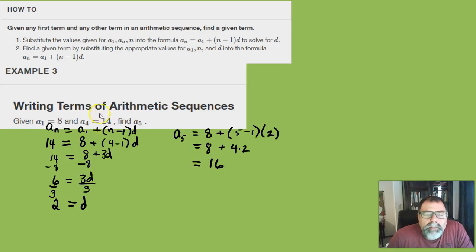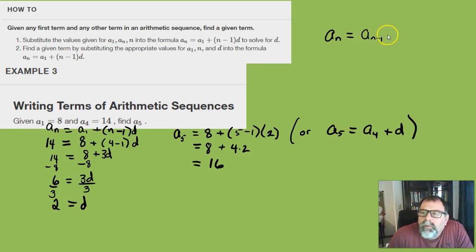Right? Remember I said we could have said, or A5 recursively is A4 plus the common difference. They didn't give us that formula, but that is a formula, right? We can build arithmetic sequences recursively by saying A sub n is A sub n minus 1 plus d, and from this formula we can actually build this general term formula.